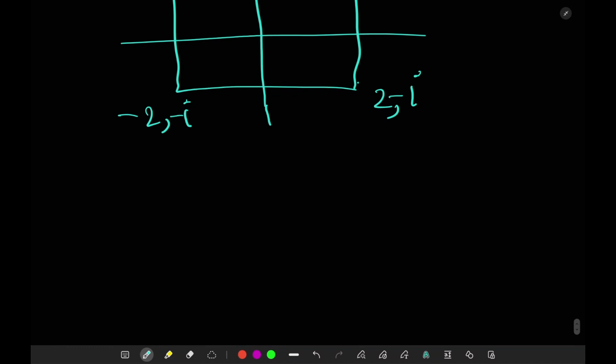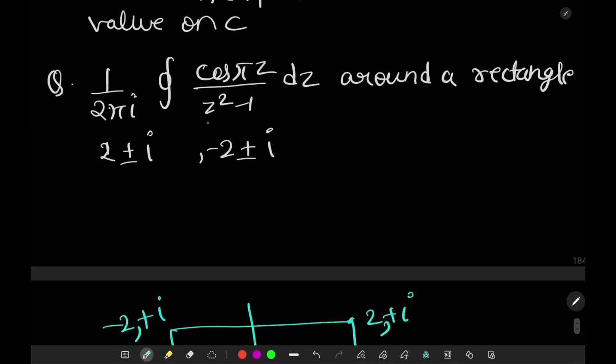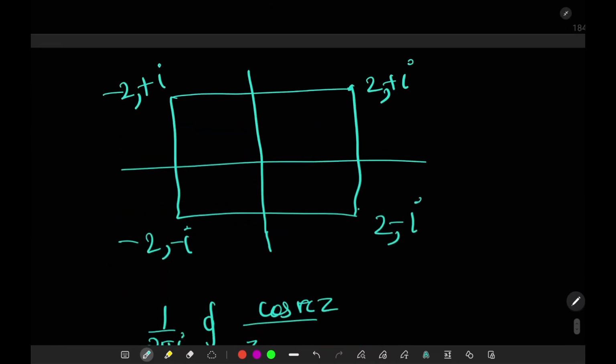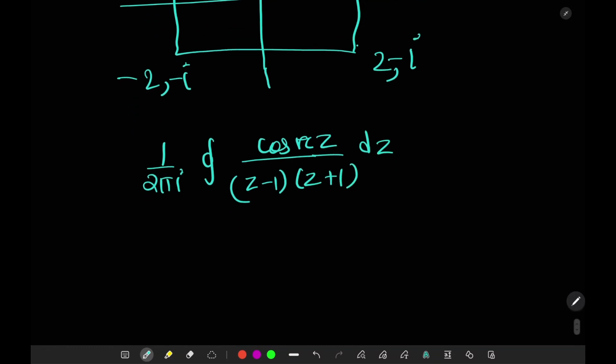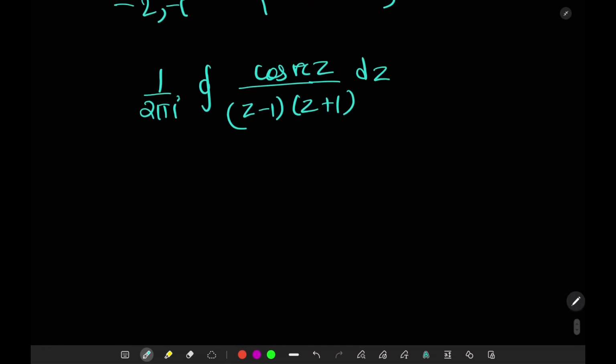Let's do the integration. Here this is the given condition. Here we have z squared minus 1, so we can write this as (z minus 1) into (z plus 1).